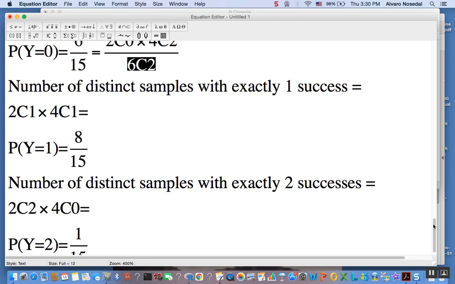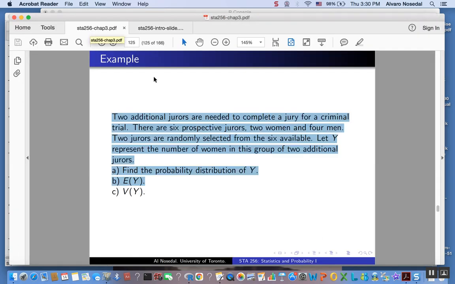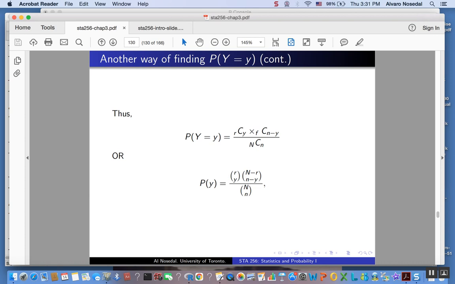Okay, so now let me go back to our lecture notes. Here they are. I think that the slide that we're interested in is here. There we are. So this is the approach that we took, right?